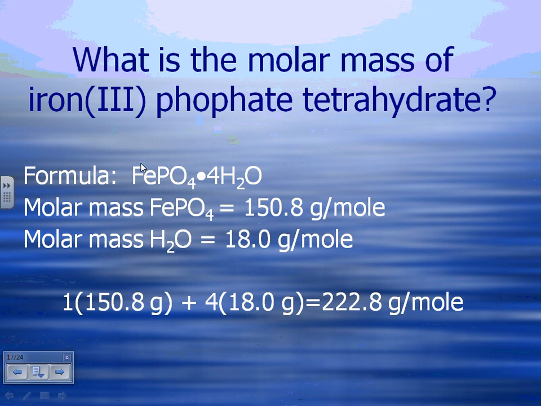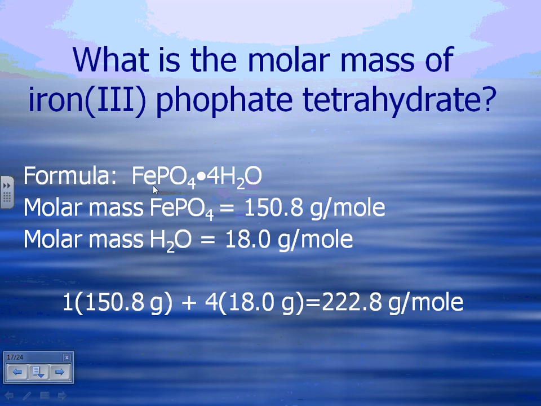How do we figure out the molar mass for that? Here's the formula: iron(III) phosphate tetrahydrate. This is my iron phosphate, and this is the water.